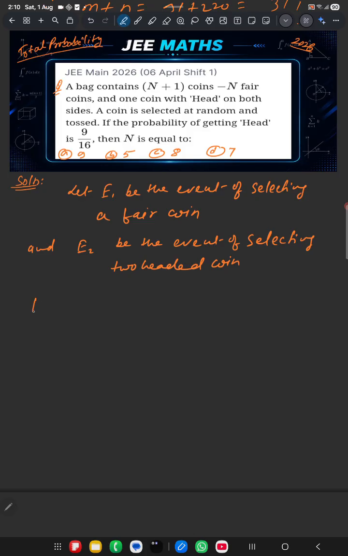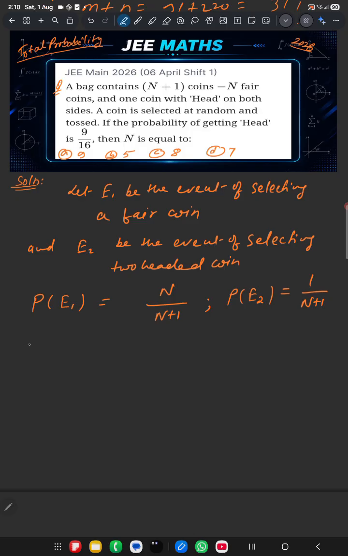Then according to our question, probability of E1: you have a totality of n+1 coins, so n+1 will be in the denominator, and how many coins are fair? They are n in number. With the same logic, probability of selecting the two-headed coin will be on the totality n+1, and there is only one coin which has two heads, so 1 by n+1.